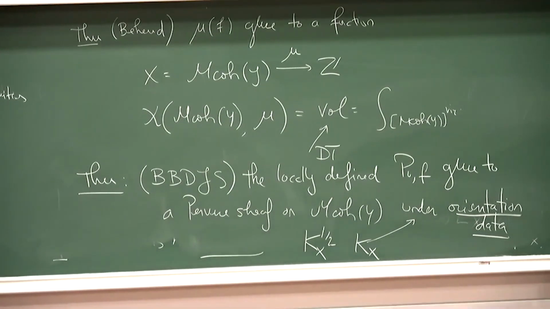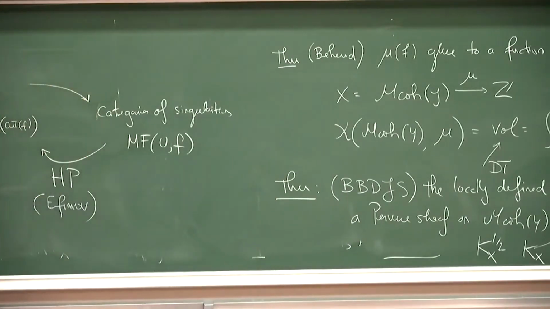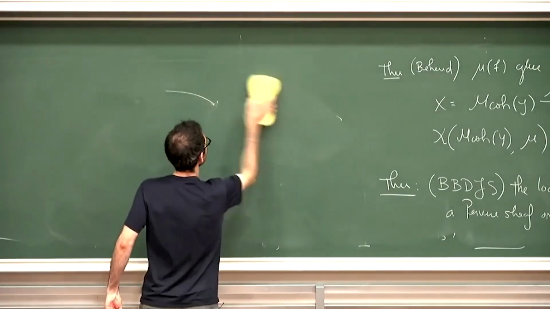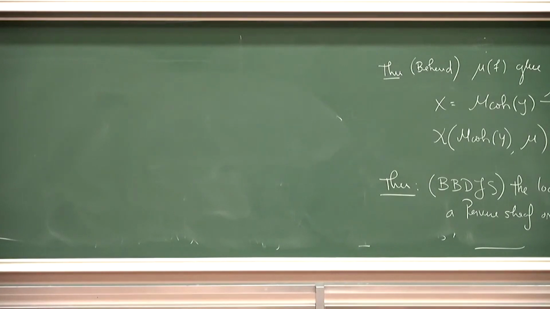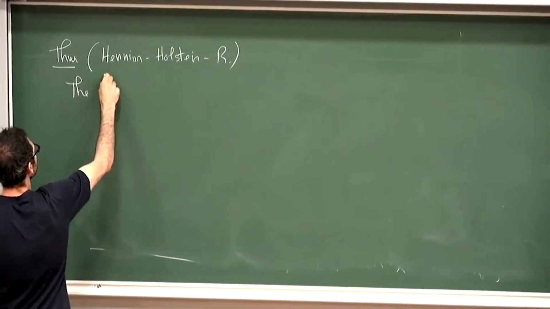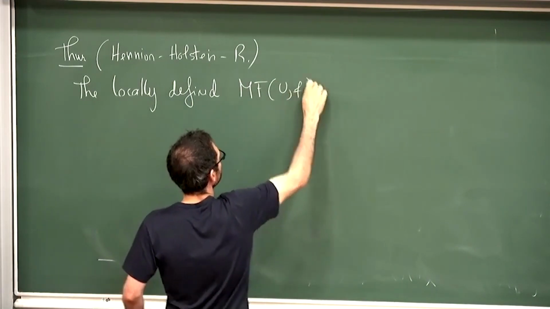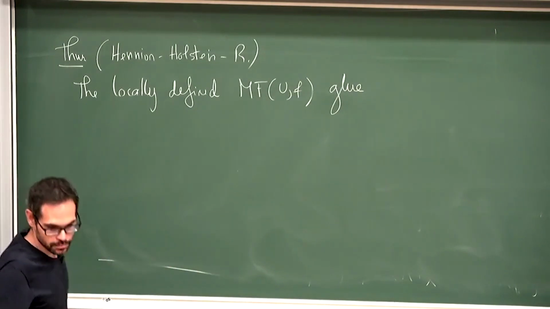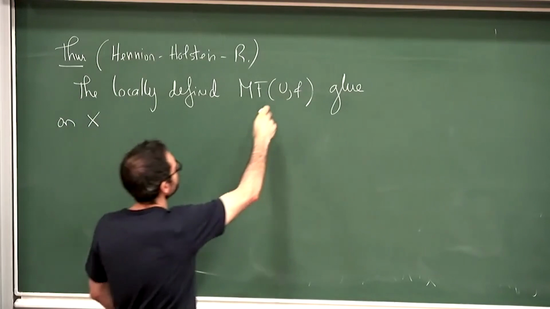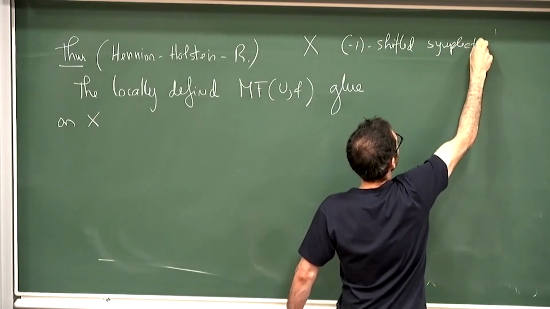Okay. So let me state our theorem. X, in this case, is a -1 shifted symplectic scheme.